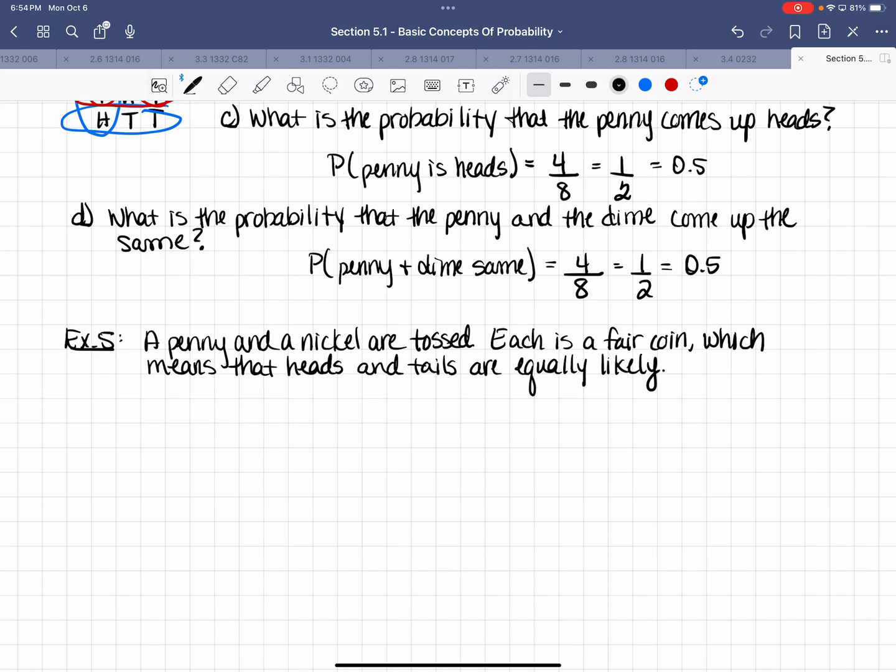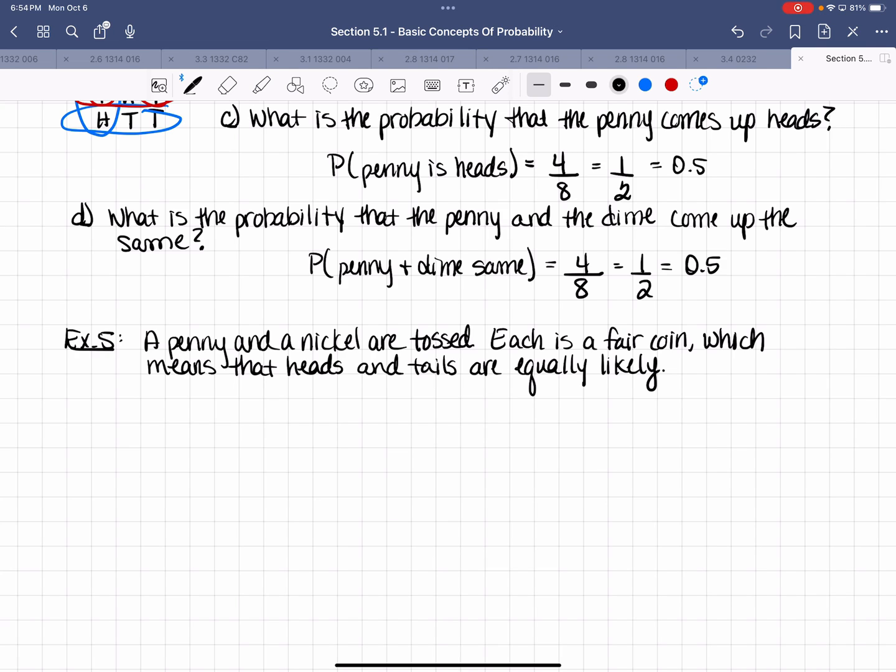And Michael, we did discuss how a coin can be made unfair and a die can also, but I'm figuring you kind of already know that, so yeah. So they tell us each is a fair coin, which means that heads and tails are equally likely.